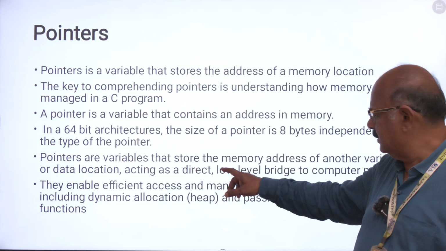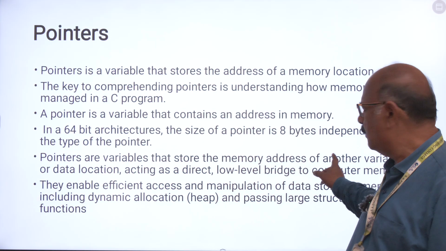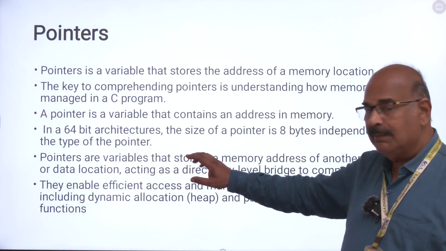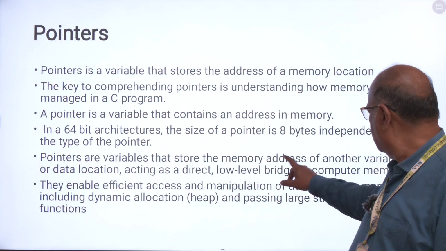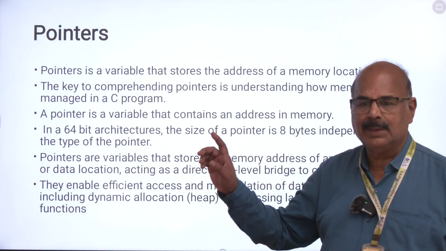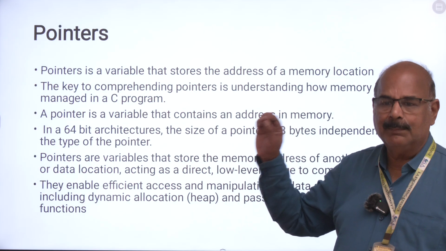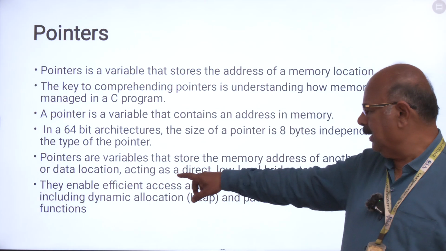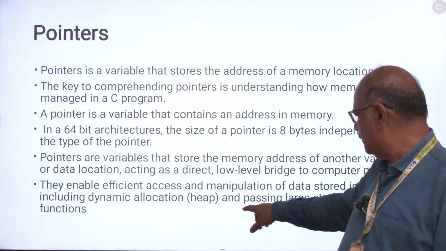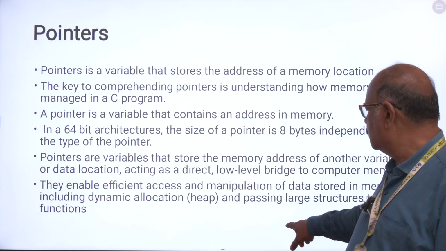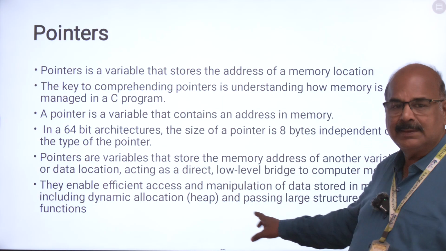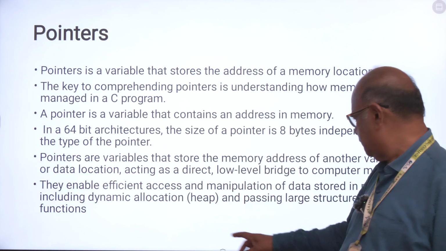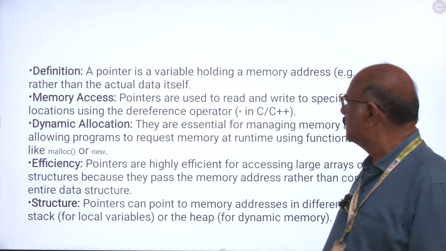Pointers are variables that store the memory address of another variable or data location, acting as a direct low-level bridge to the computer memory. So that's a bridge between the memory and the system. They enable efficient access and manipulation of data stored in memory, including dynamic allocation and passing large structures to functions.